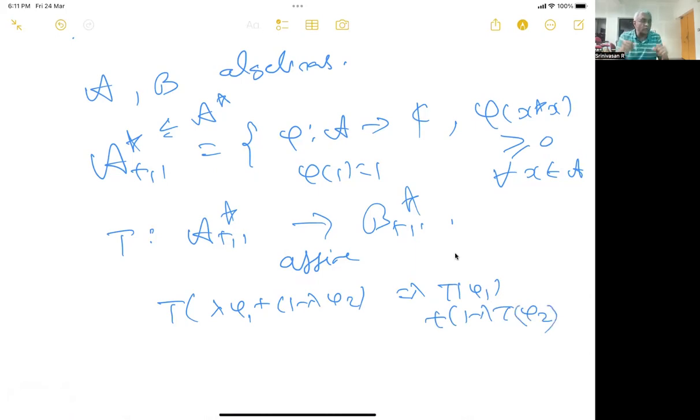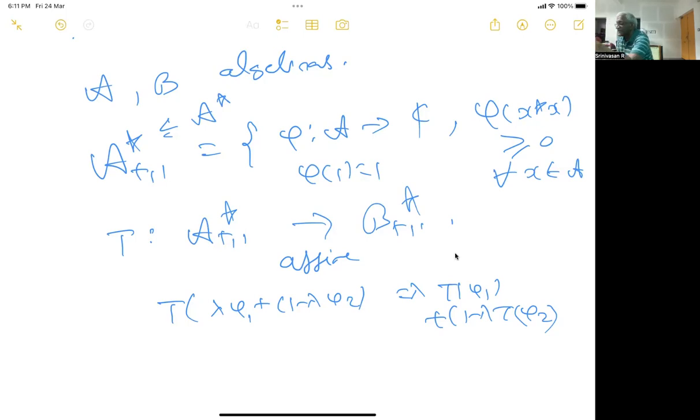It actually follows that this collection of states will generate everything. It is actually true that any state can be written as a difference of two positive linear functionals, and from that it will follow that any linear functional can be written as a difference of positive linear functionals. I'm not going to prove it. So it follows that any linear functional can be written as a linear combination of four states.